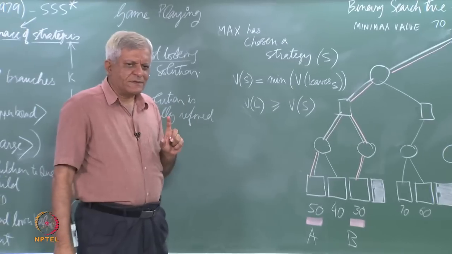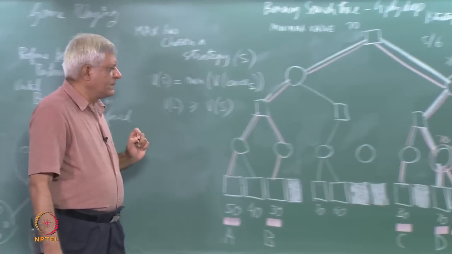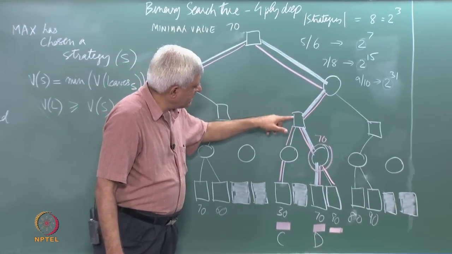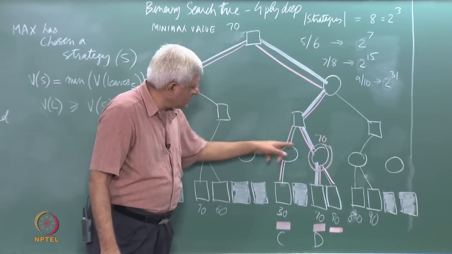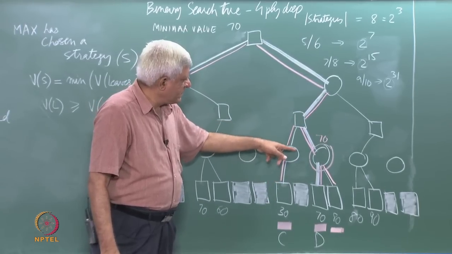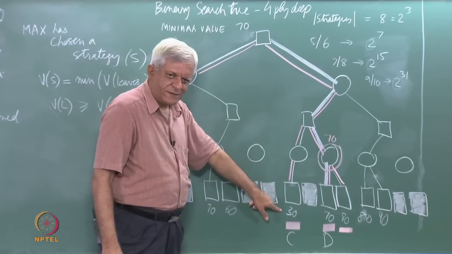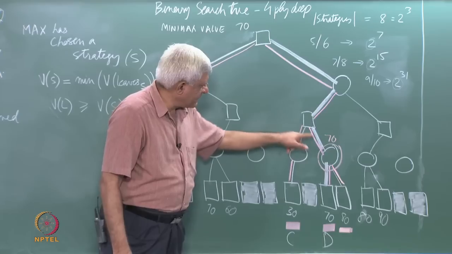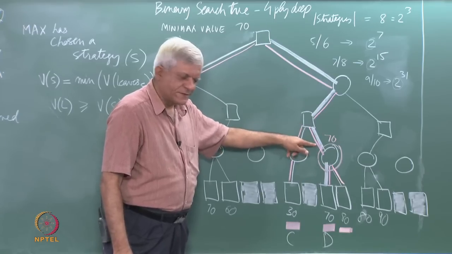At this point observe that because this is a max node here, this is never going to play a role any further, because it has an upper bound of 30 and max is getting 70 from here. Max knows it is getting 70 from here.